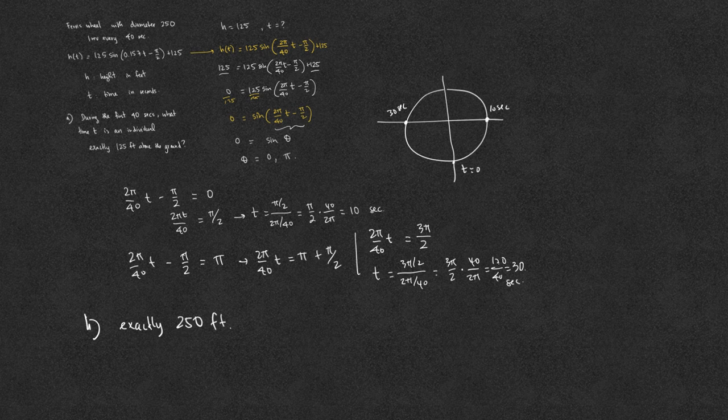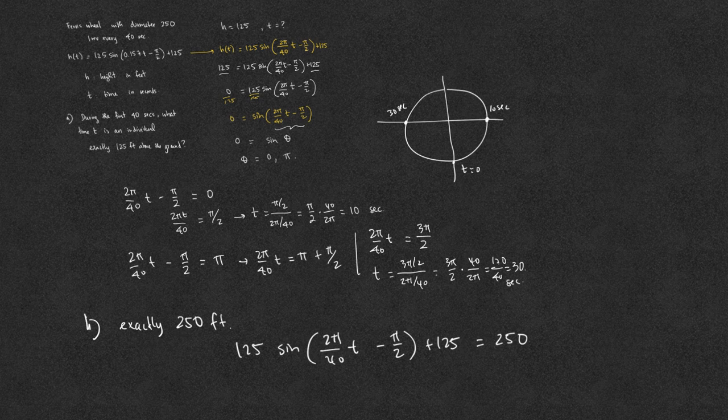We either set the equation 125 sine of (2 pi over 40 t minus pi over 2) plus 125 equal to 250 and solve for t, or we see that when t equals 0, we are at the bottom. When t equals 10 seconds, we are at a quarter of the way around.